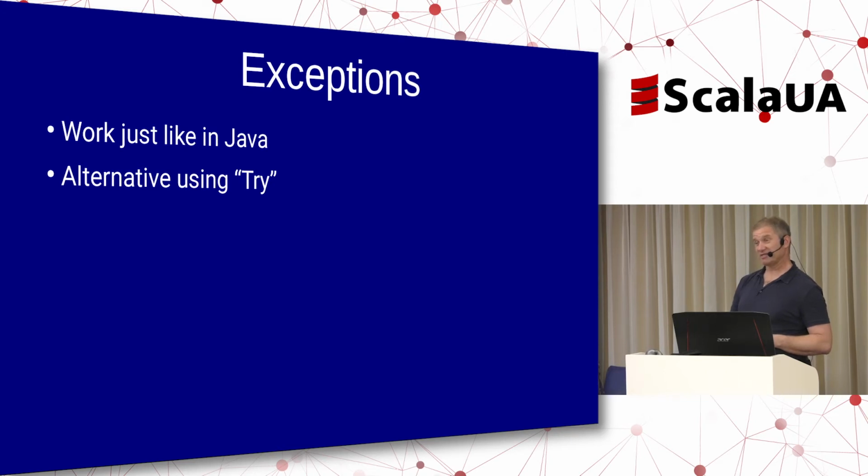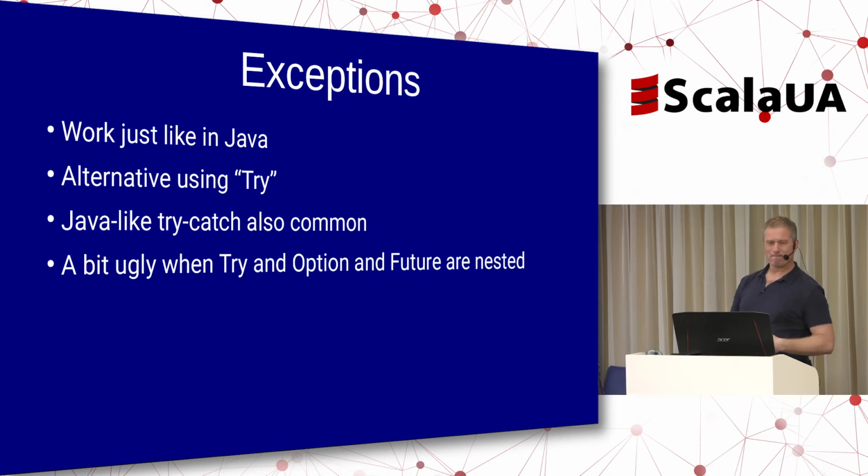There is this issue that when we nest Try with Option and Future, then it gets ugly. So one of these levels is okay, but then we have to try to untangle it so that we don't get deep nesting of Future, of Try, of Option, of Try, of whatever, something that becomes ugly.